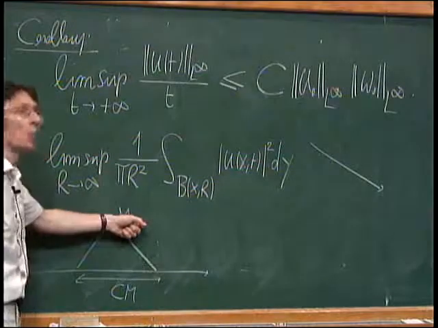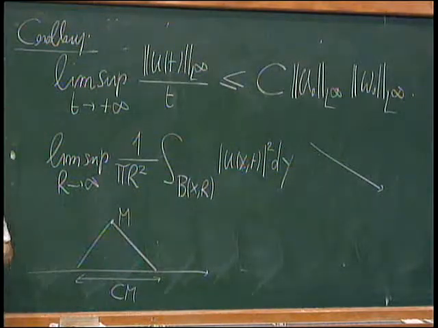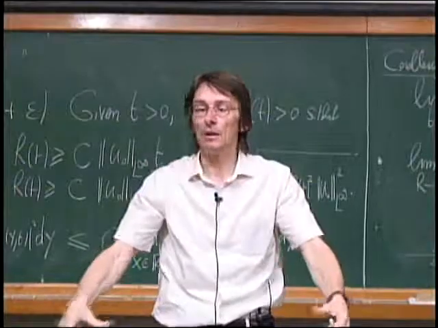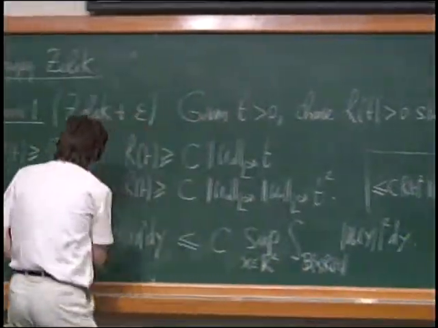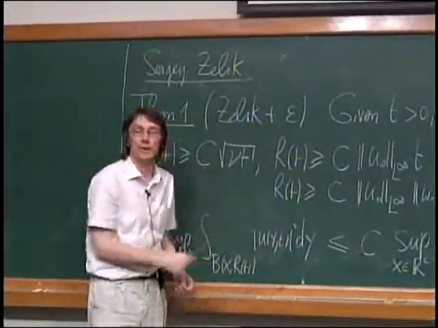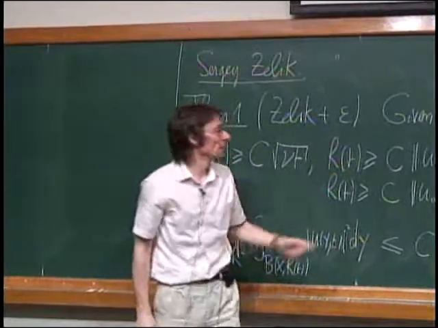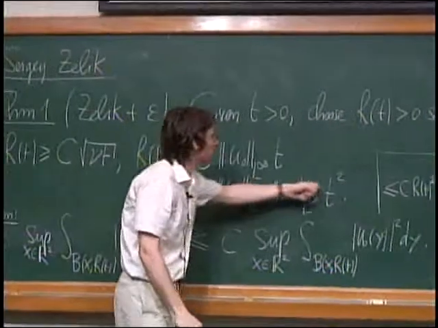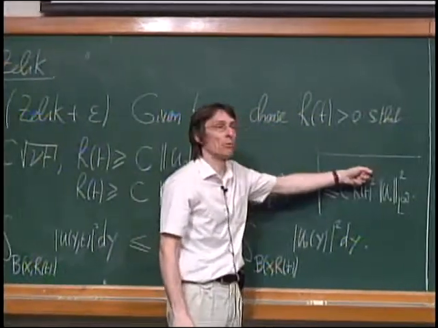Now you take the square of that and integrate over the domain. This means that if at a given time you have a point where the velocity field has size m, then the energy computed over a sufficiently large ball should be at least m to the power 4. And this is bounded by this. But r of t, I can choose as t squared, so this is t to the power 4.